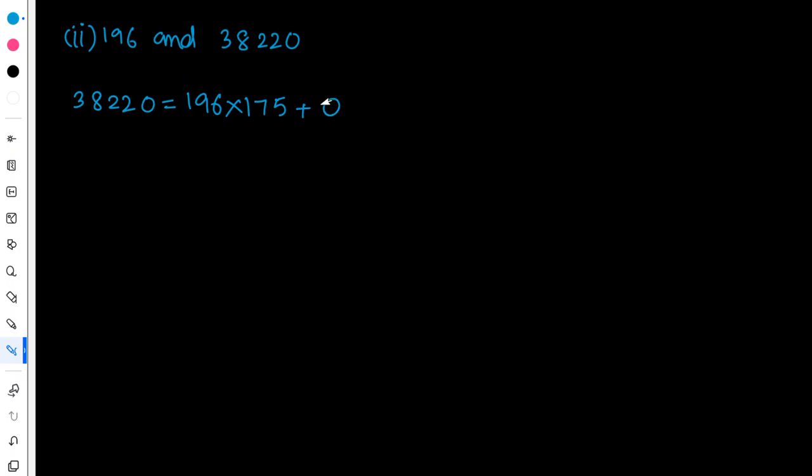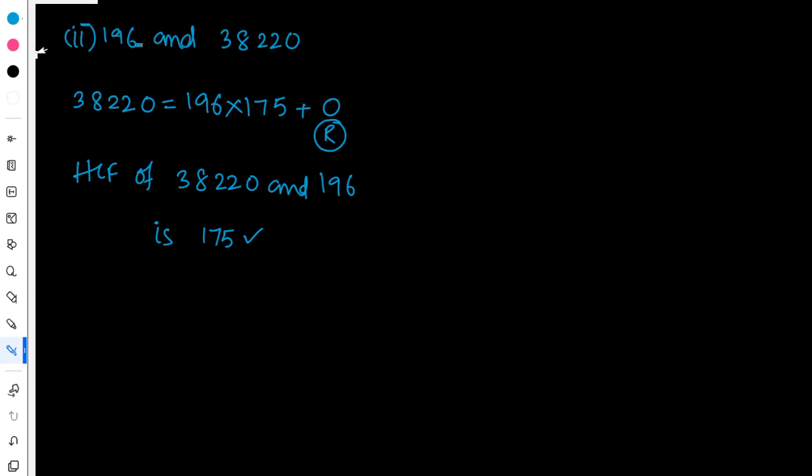Now we get the remainder 0 directly. Stop this process. So what is the HCF of this one? The HCF of 38,220 and 196 is 175. So 175 is the correct answer.